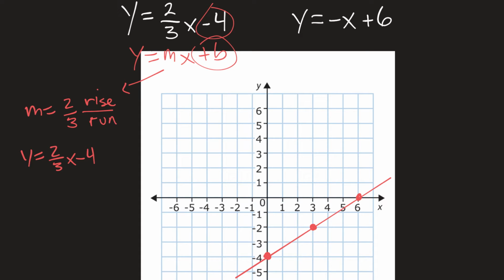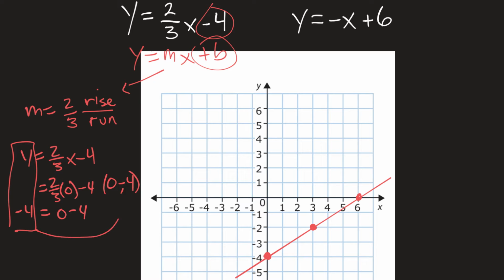That works in this because we can put 0 in for x: 2/3 times 0 is 0, minus 4 is -4. So the y is -4, which is right there, and our x was 0. So 0, -4 is one solution.